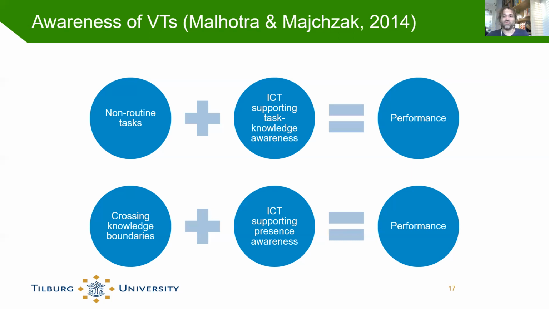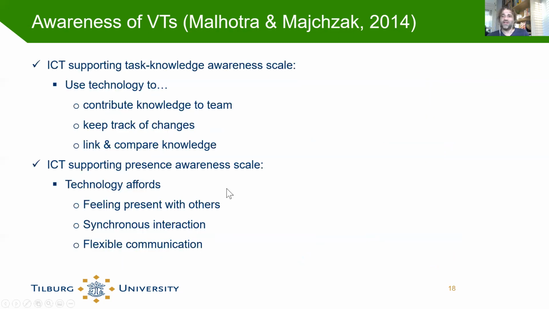And again, if you look at the definition of presence awareness, that really is similar to communication support. Presence awareness needs technology that affords feeling presence with others, synchronous interaction, flexible communication, which is basically communication support.